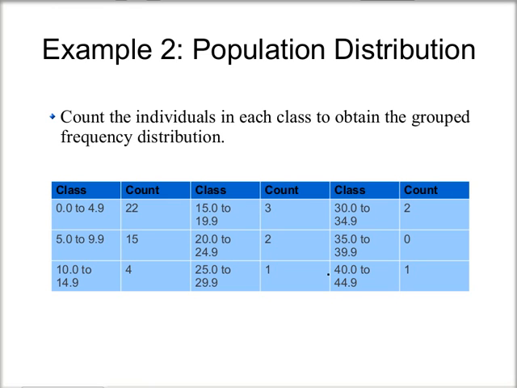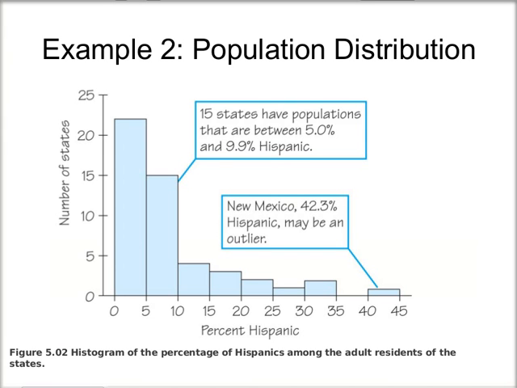Once I've got my grouped frequency distribution, I can use that to make a histogram. I'm going to make a chart, and the heights of the bars in my chart are going to be given by these counts in my grouped frequency distribution. And if I do that, I'm going to end up with this histogram here.